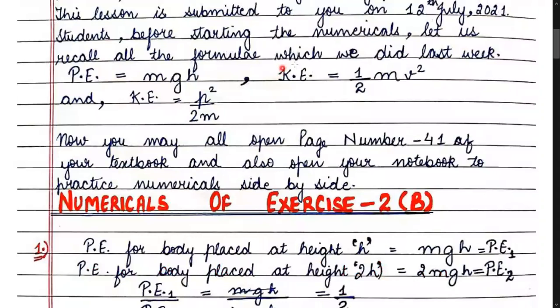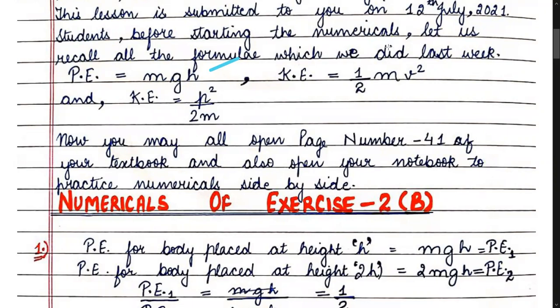So children, we have studied the formula of potential energy, which is given as the product of mass, acceleration due to gravity, and height of the object above the ground. That is, potential energy can be given as mgh.